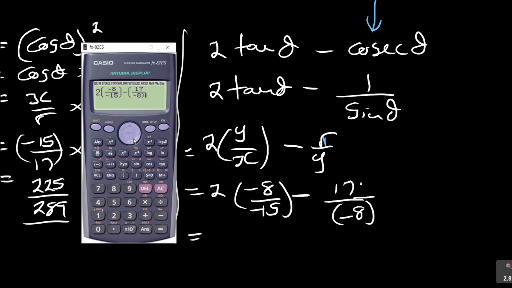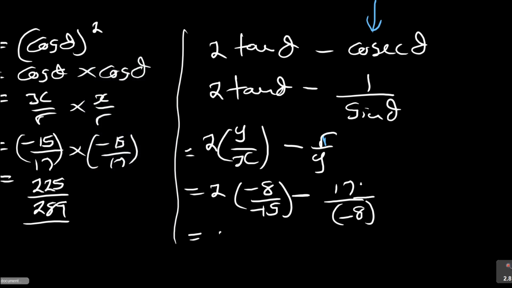Alright, so I think here I need to put that bracket here so that I can have two brackets like that. Still fine, which is 283 over 120. 283 over 120. You can simplify it in decimals, it's still fine to leave your answer like that.